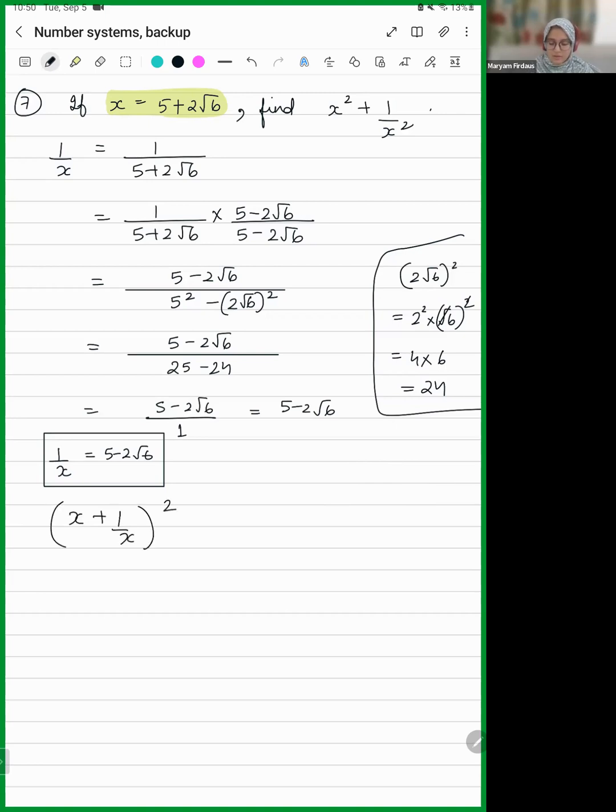Do x over here, 1 by x over here, add them, find whole square.